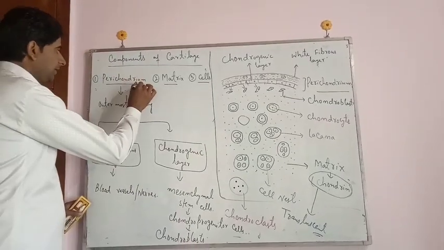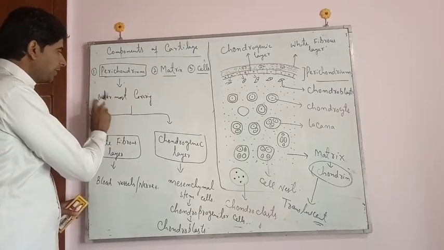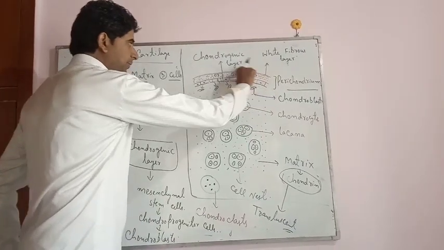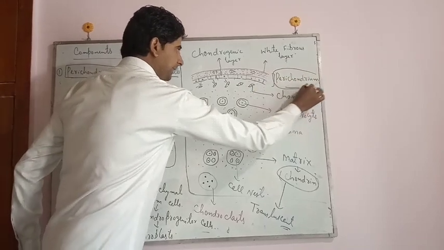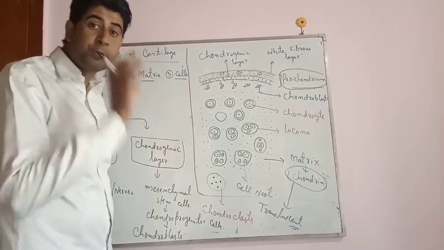Now, first of all, the perichondrium. This perichondrium is the outermost covering of the cartilage. ये वाली, it's the outermost covering. इसी को हम कहते हैं perichondrium. That means it is the outermost covering which forms the fencing or the boundary of a cartilage.